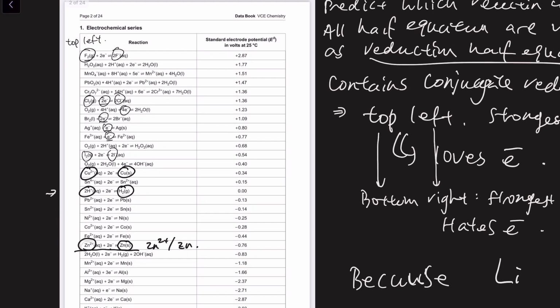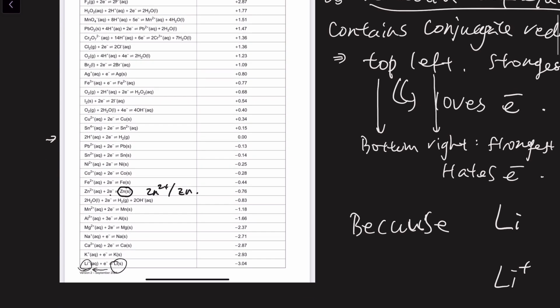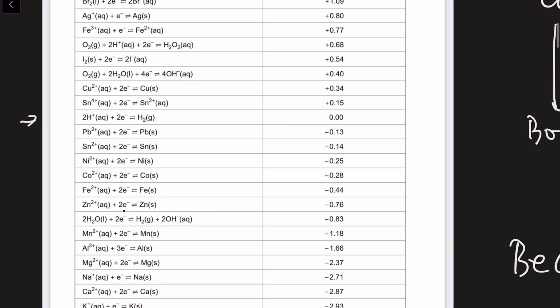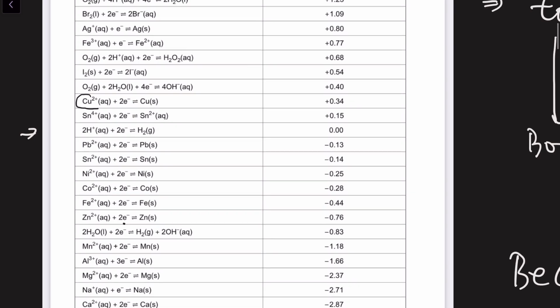So now let's have a look and think further. If you have something like copper ion present in your system, and you also have zinc present in the system, would they react?